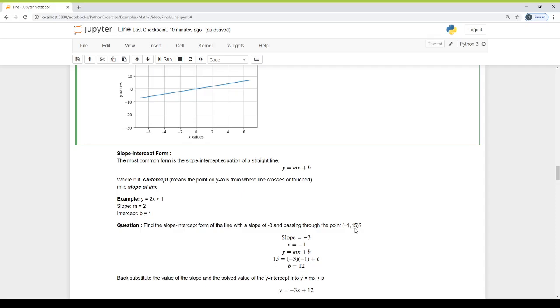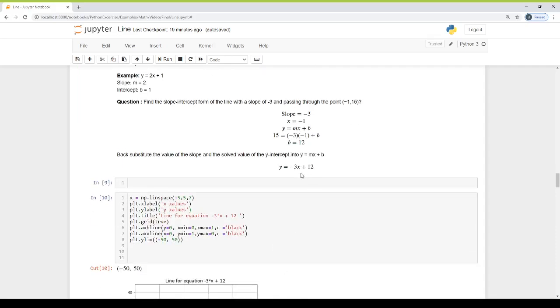After putting x is minus 1, y is 15 and slope minus 3 in the equation y is equal to mx plus b, we get b is equal to 12, that is the y-intercept is 12. Our equation becomes y is equal to minus 3 into x plus 12. Now whatever value of x we pass, we get a y value and we can draw our line.